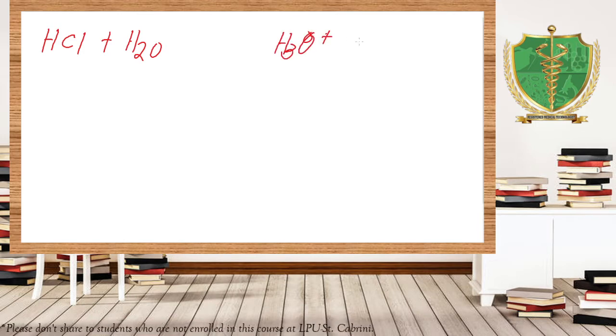As we define a strong acid, it is able to react almost completely with water to form hydronium. Hydrochloric acid in reaction with water will give us hydronium ion plus chloride ion, which means, since this is a strong acid, it lies very far to the right of the equation. Okay?